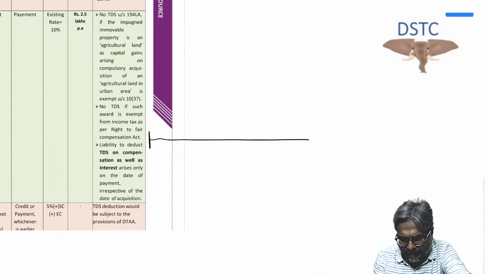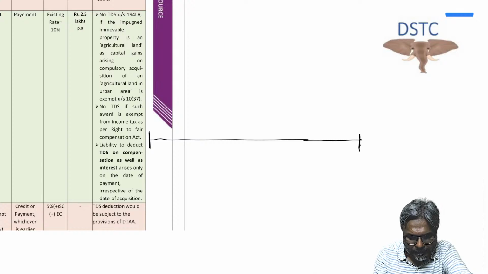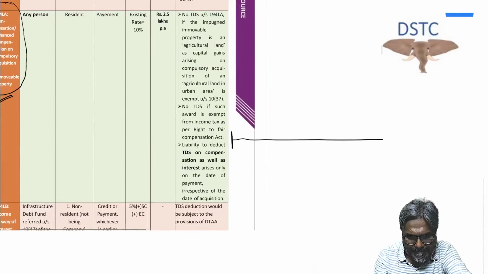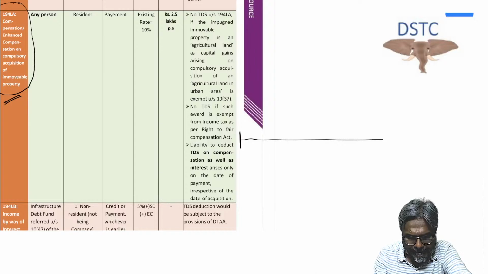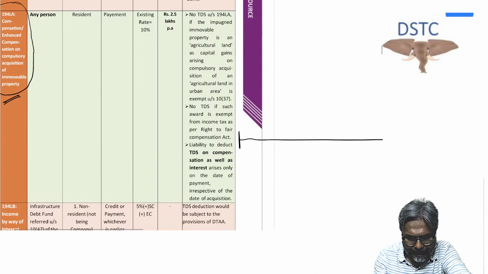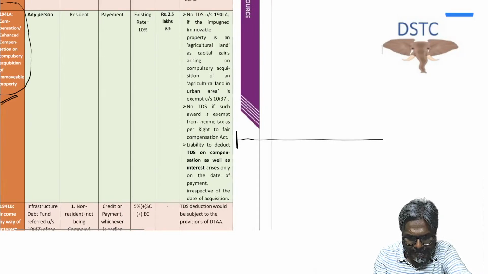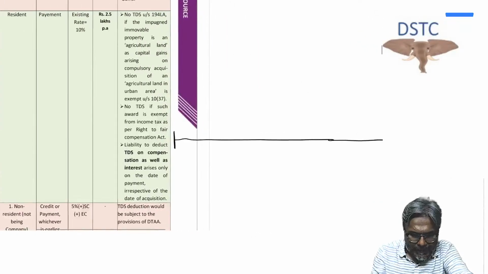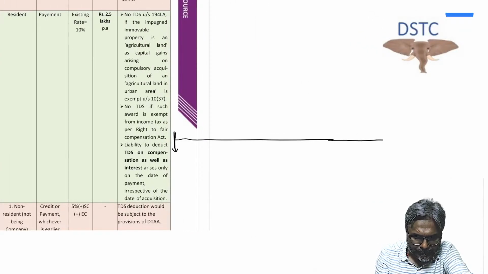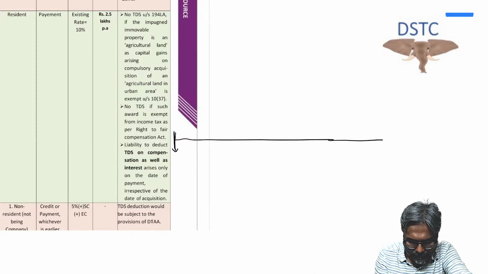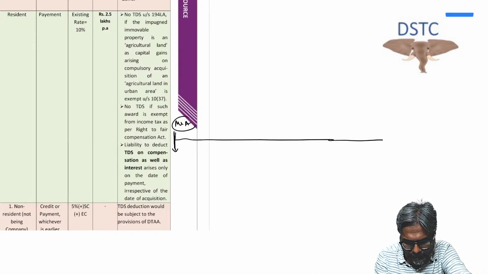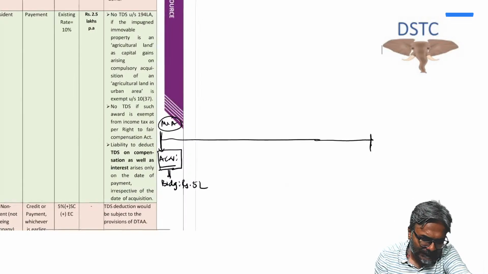So say, for example, in this context, Mr. A has acquired a building for rupees 5 lakhs.